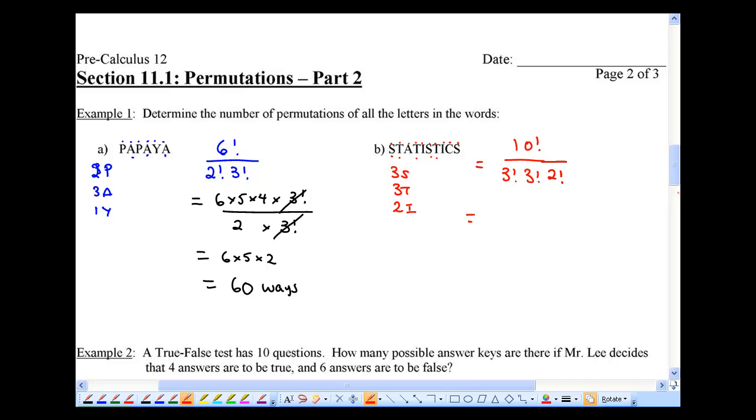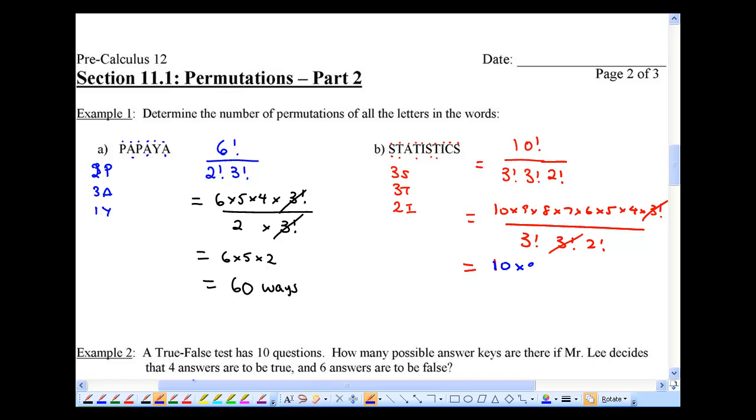You want to evaluate this? That's 10 times 9 times 8 times 7 times 6 times 5 times 4 times 3, 2, 1 over 3 factorial. Got 3 factorial, 3 factorial, 2 factorial, so at least one of the 3 factorials disappears. 3 factorial on the bottom, that's the number 6, remember?